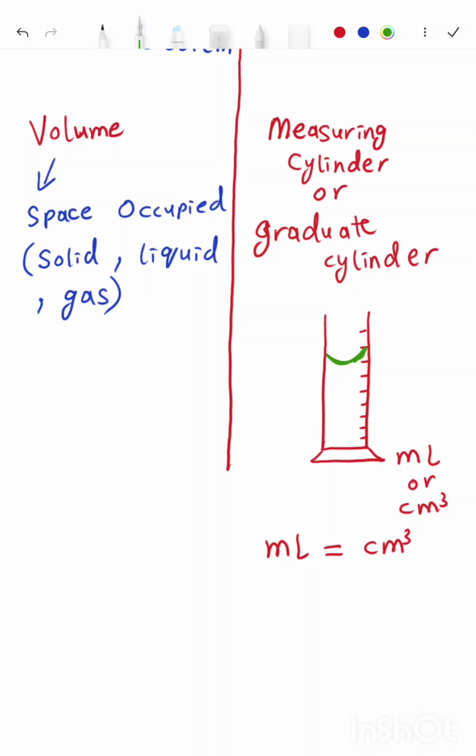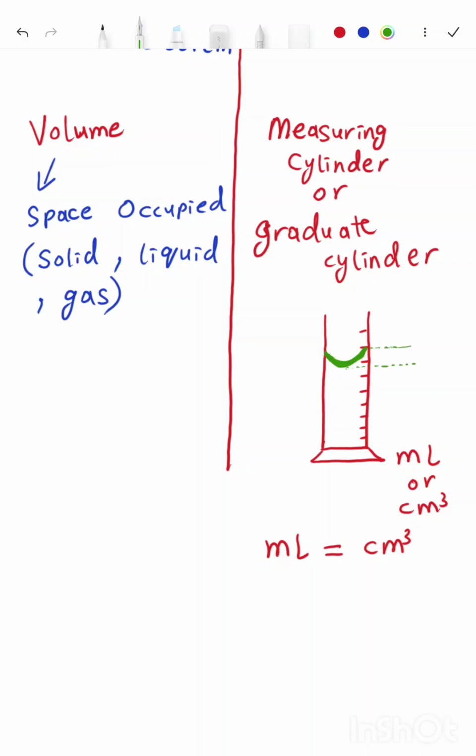Whenever we pour the liquid inside the measuring cylinder, it does not have a flat surface. The meniscus is always a curve, and of course we have a bottom position here and the upper position of the meniscus here.